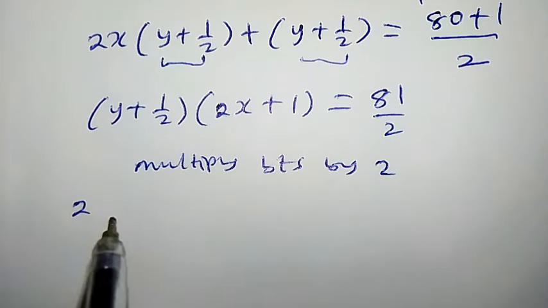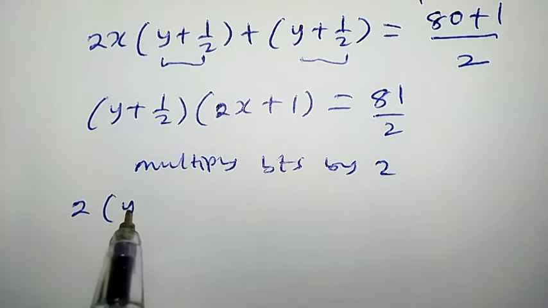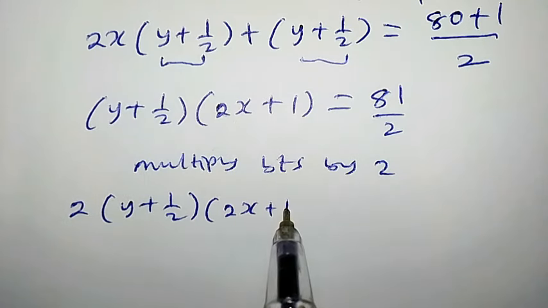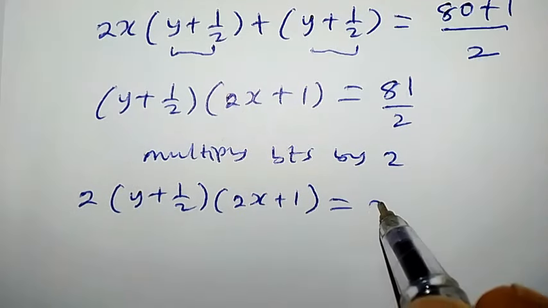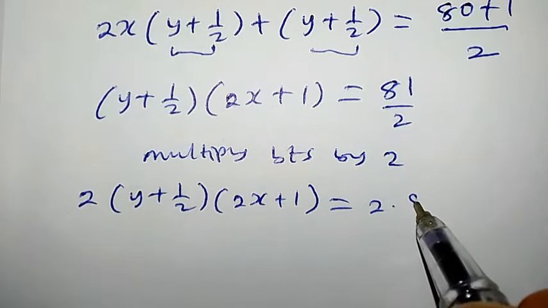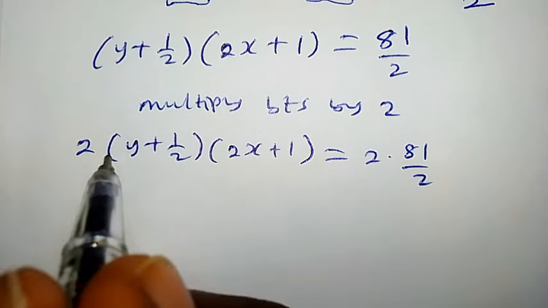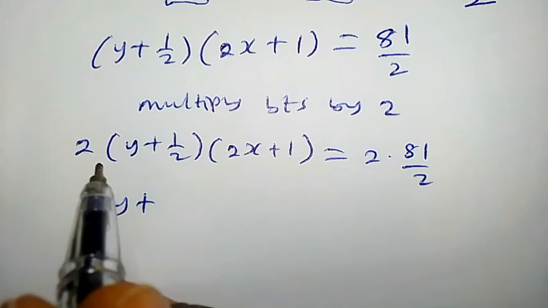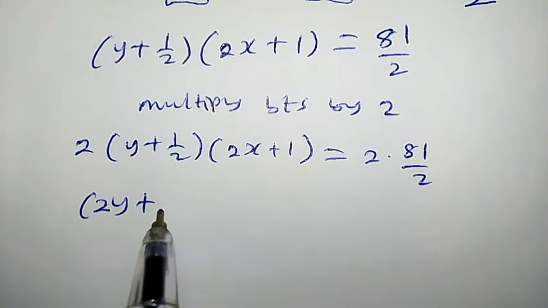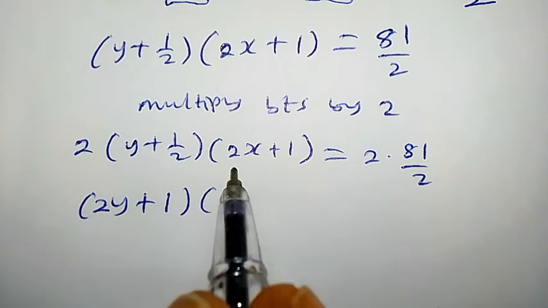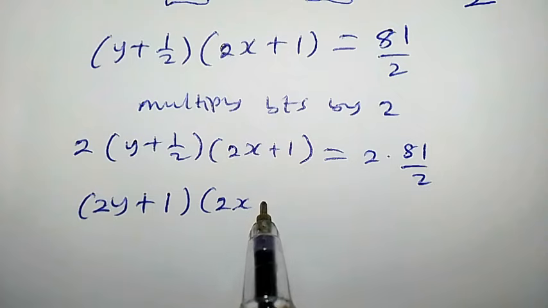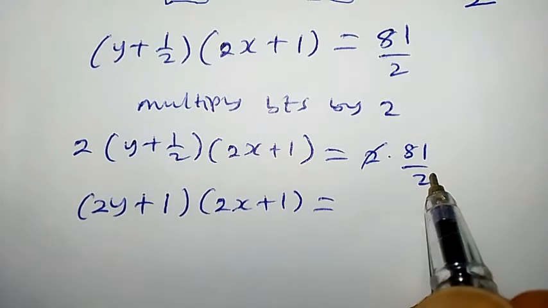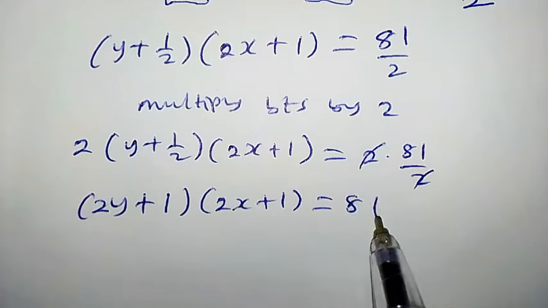So we have 2 times (y plus 1 over 2) times (2x plus 1) equal to 2 times 81 over 2. 2 times y is 2y, plus 2 times 1 over 2, that is 1, times (2x plus 1) equal to, clearly 2 cancels 2, we are left with 81.